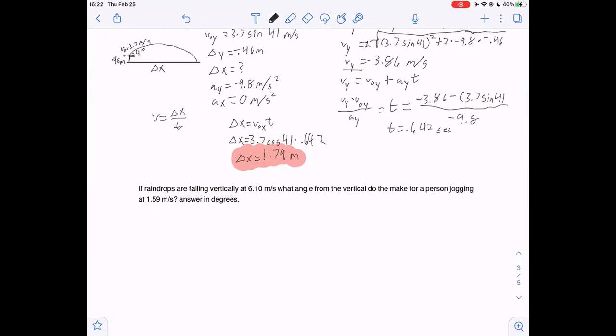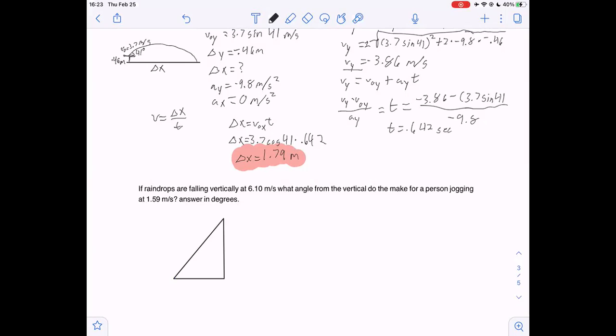So finally, we have a raindrop falling vertically at 6.1 meters per second. What angle from the vertical do they make for a person jogging at 1.59 meters per second? So, like I said earlier, this one is actually not asking for anything in the horizontal, which actually, whenever I had this problem, I missed it because I did it from the horizontal.